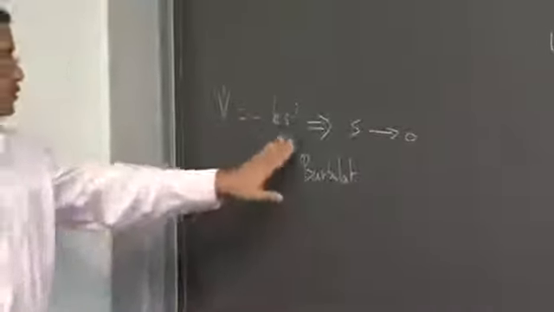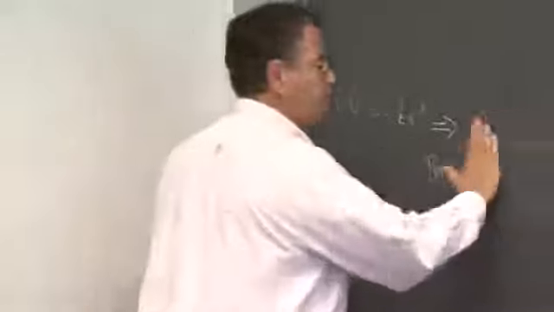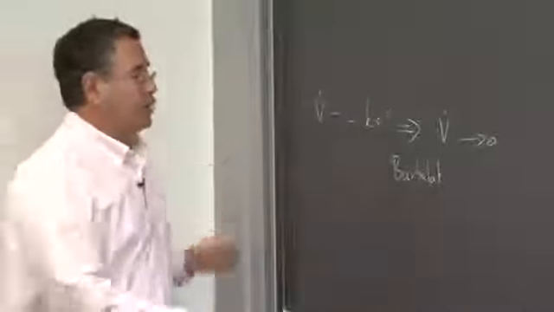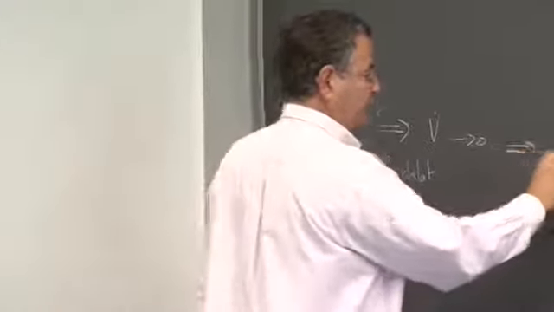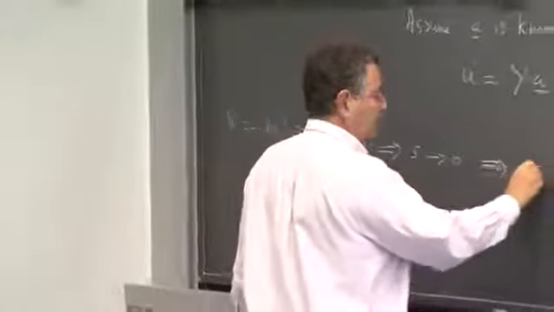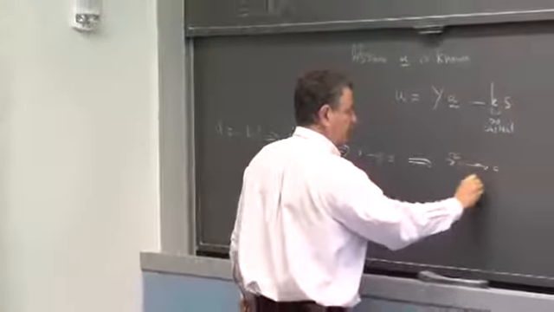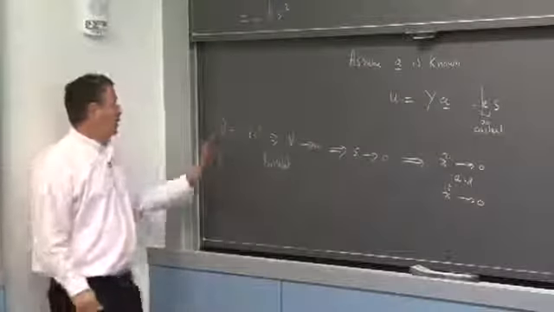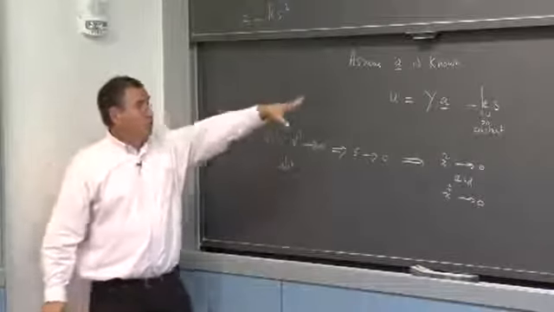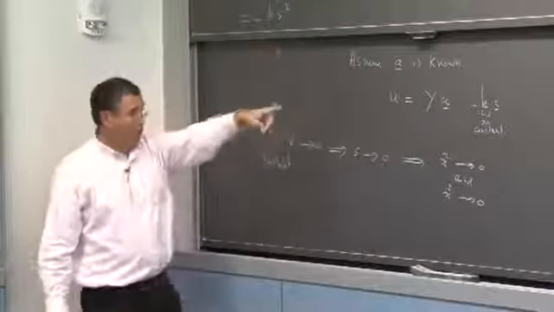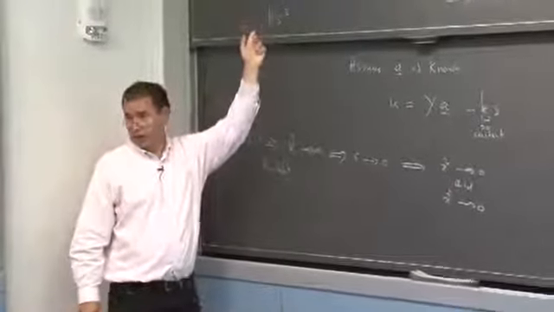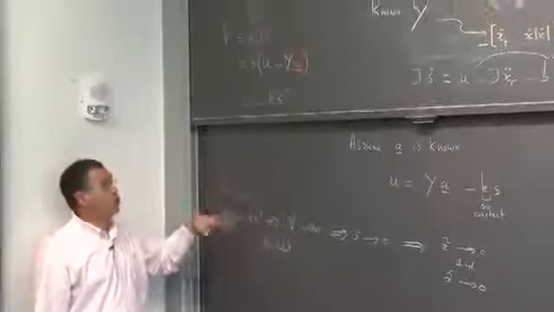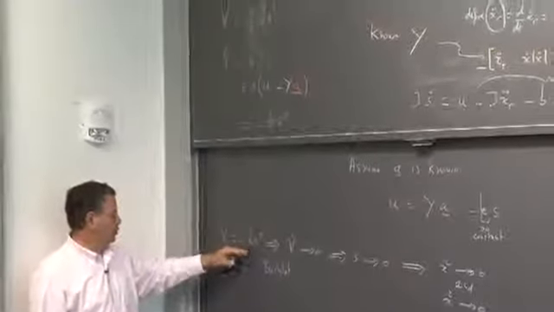Let's be maybe more precise. It will imply that v dot tends to 0. But v dot is minus ks square, so that implies that s tends to 0. But s tends to 0 implies that x tilde tends to 0 and x tilde dot tends to 0. So if A was known, we could just cancel these nonlinear terms, add a linear term minus ks, and then using Barbalat's lemma, we could do it in simpler ways also in this particular case.